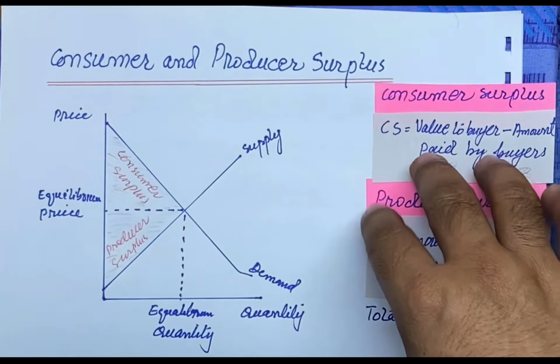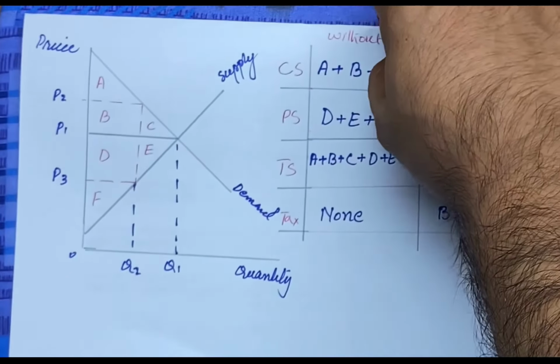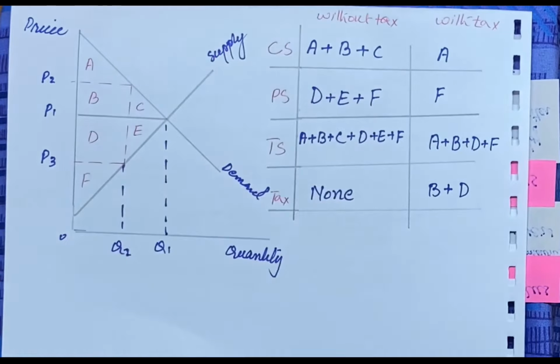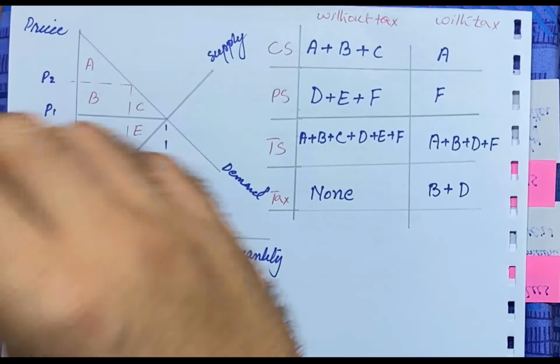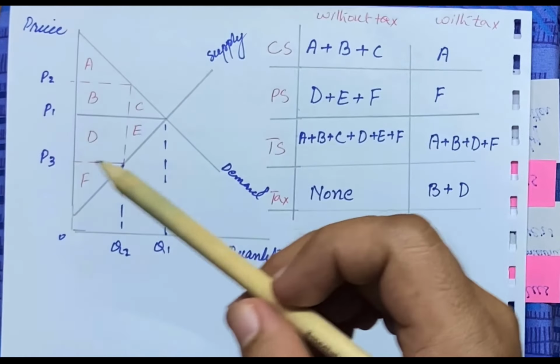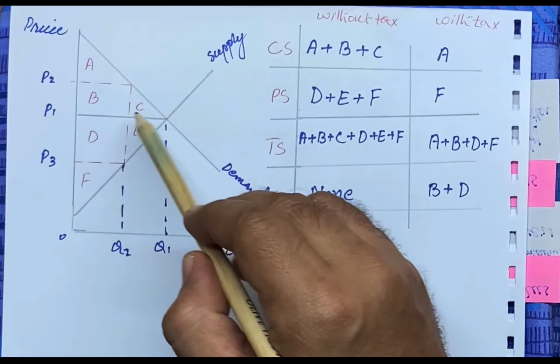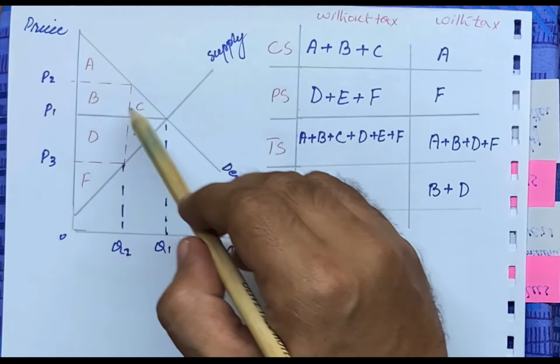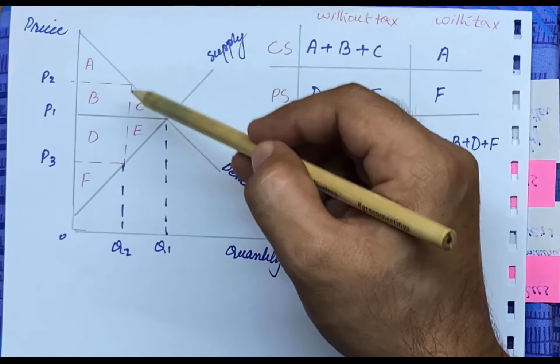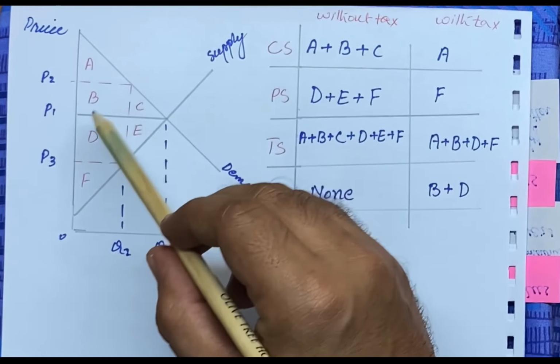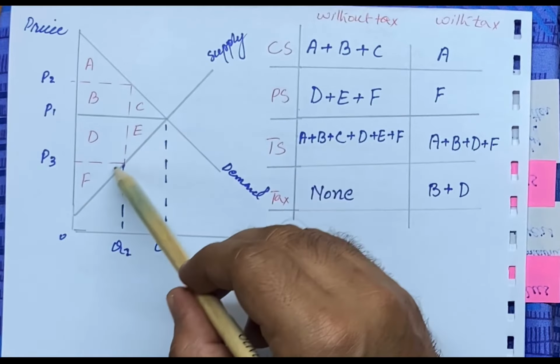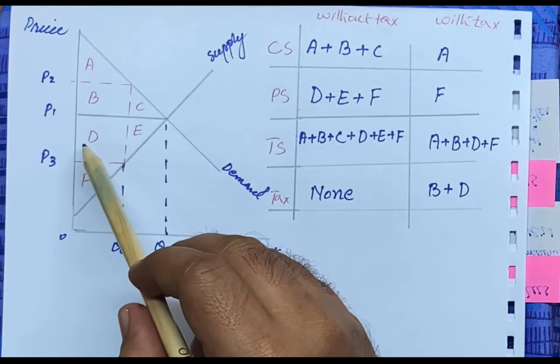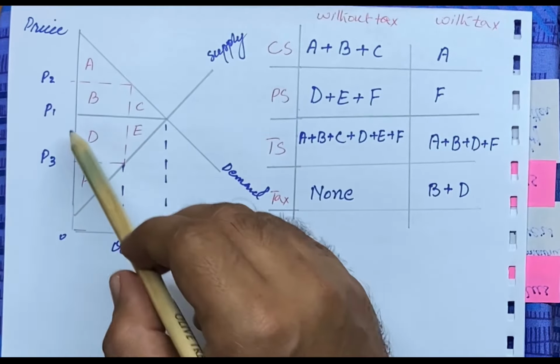So what if we want to calculate the consumer surplus and producer surplus? Initially, from our example, we know that this triangle ABC is consumer surplus and this triangle is producer surplus, which is DEF.